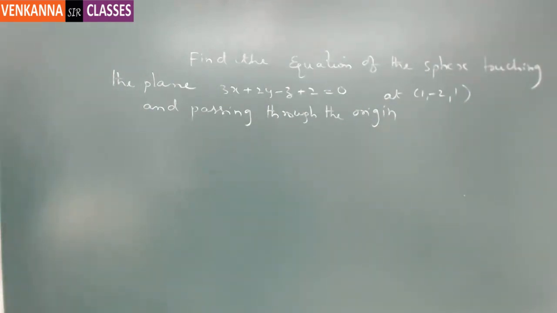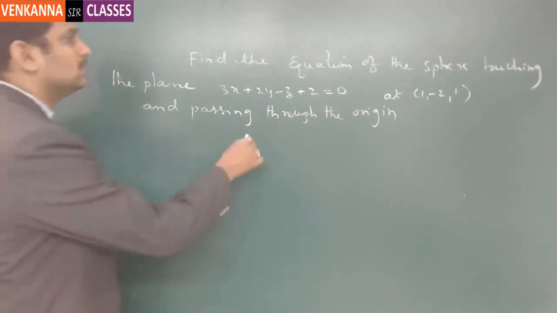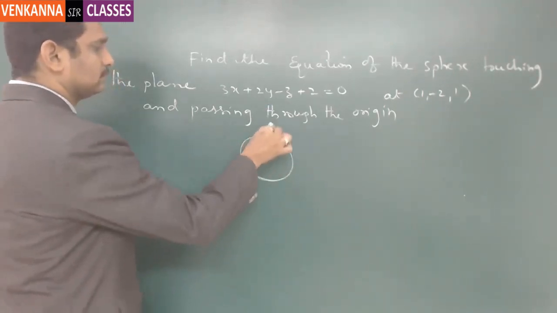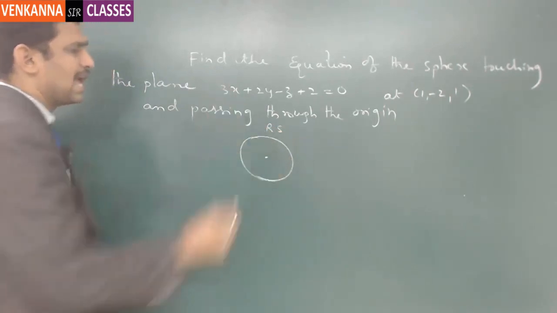After noting, I will draw the picture so that we can discuss what is the approach for the solution. So let us take that this is our required sphere having some center.